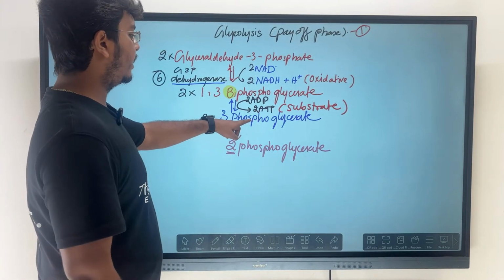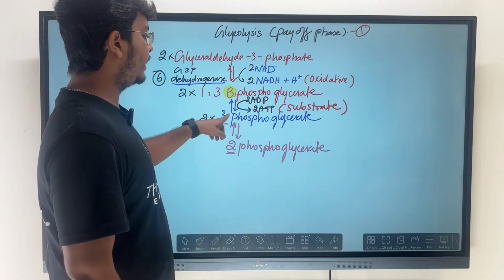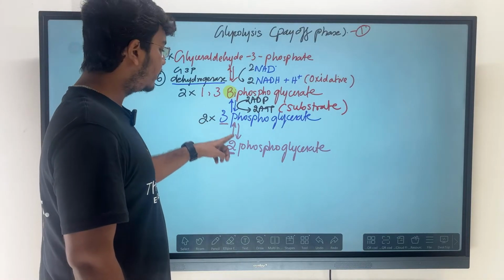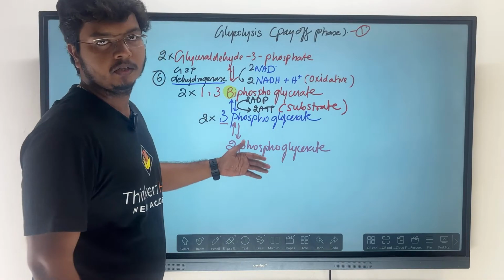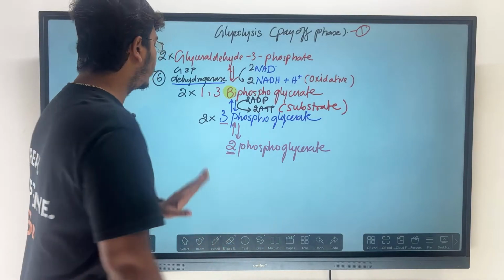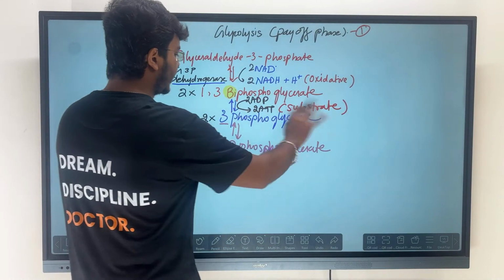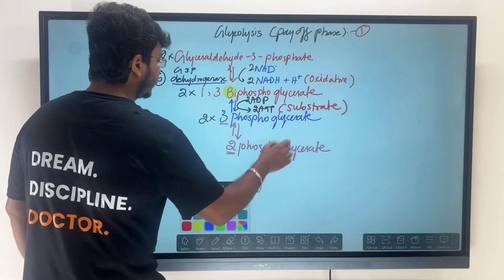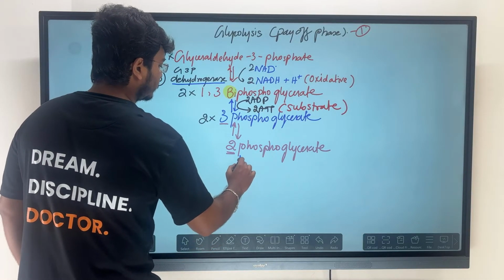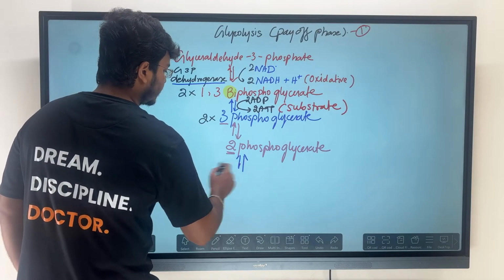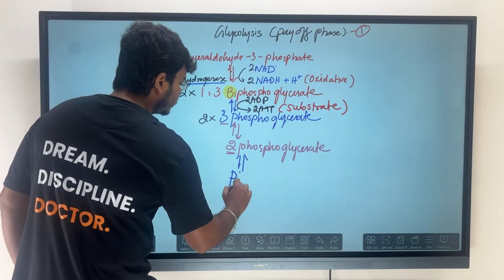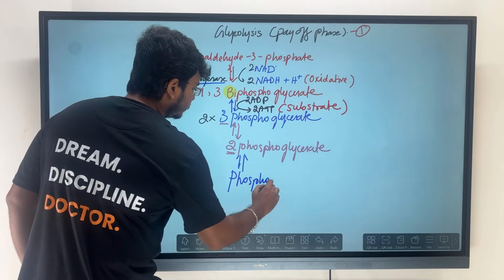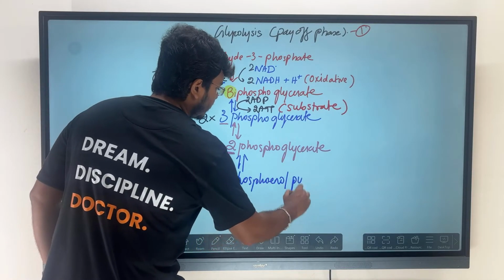Initially, I had the phosphate in the third position. Now the position has been changed. It's just an isomerism. Got it? And here we don't do any other steps. Done. And then 2-phosphoglycerate becomes phosphoenolpyruvate.